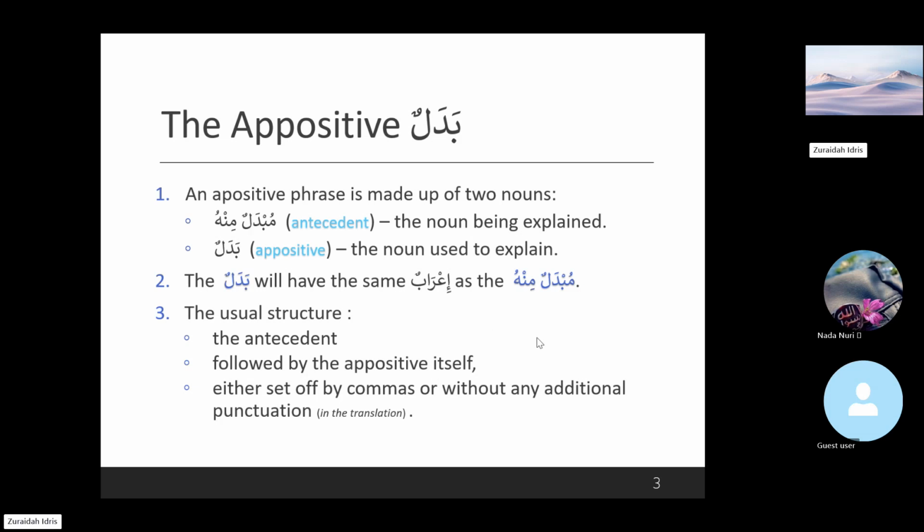For example, in the case of your isim isyarah and musharun ilai, some people consider the musharun ilai a badal of the isim isyarah. In that case there are no commas, because we would say things like this man, or that cat. It's a particular man, a particular cat.